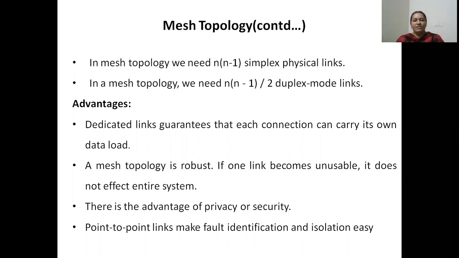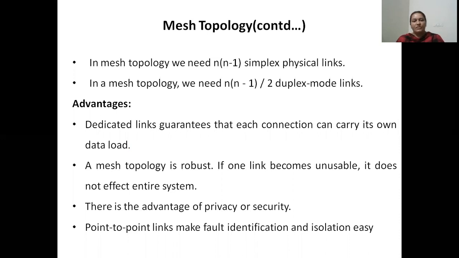If in mesh topology we use simplex mode of transmission, we would require n into n minus 1 physical links, where n is the number of nodes. Say if the number of nodes or devices or computers in the mesh topology is 10, then we require 10 into 9, 90 simplex physical links to establish the mesh topology.